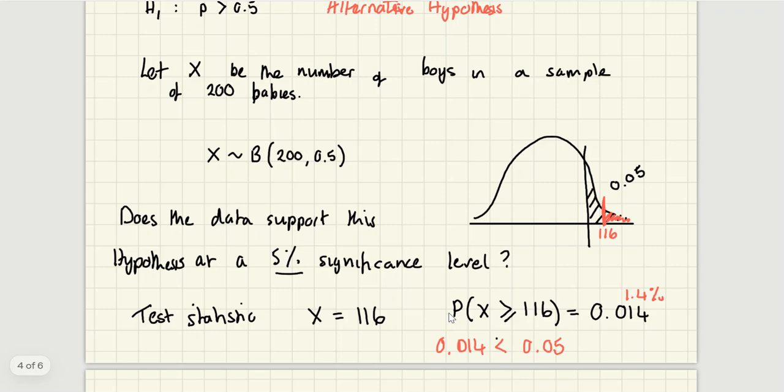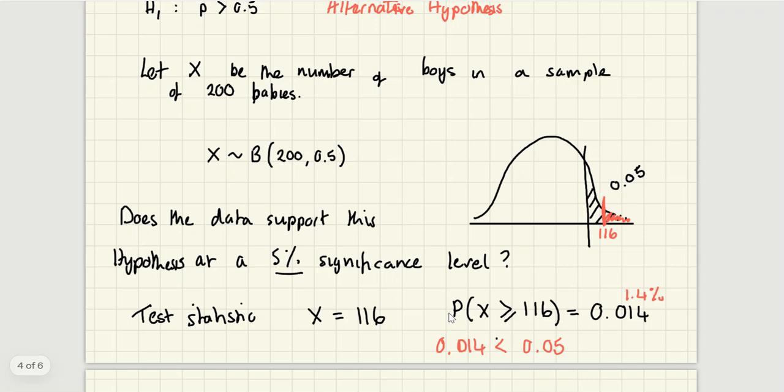So the significance level actually can change what our result is. So how significant do we want this difference to be? 10% would give me all the way up to here. It would make it even less likely to happen. So we're in that region anyway.